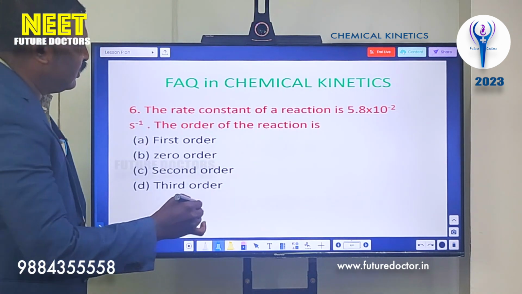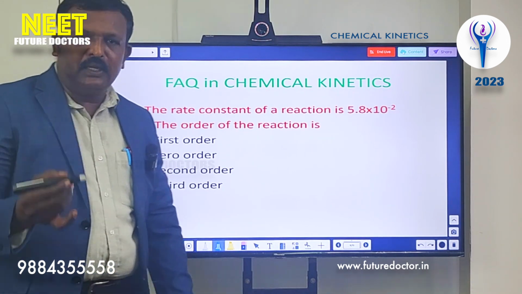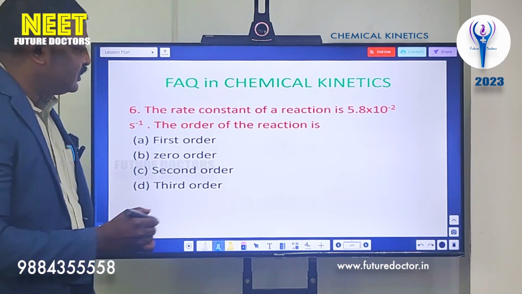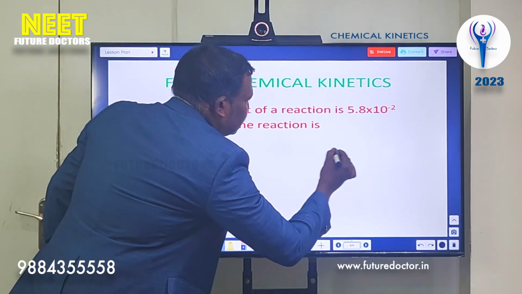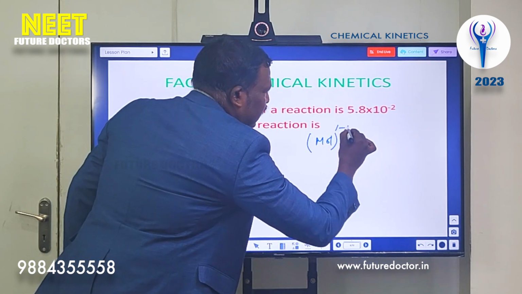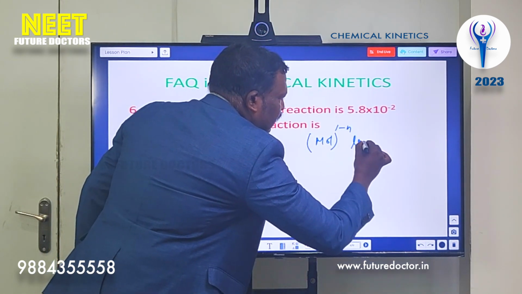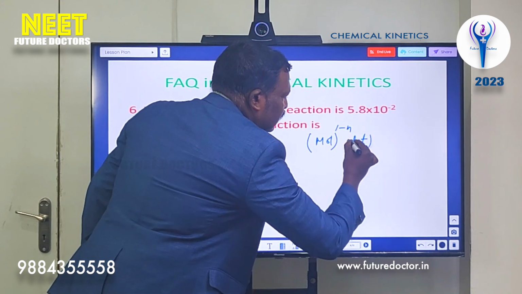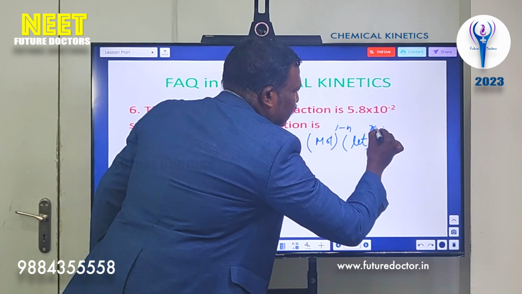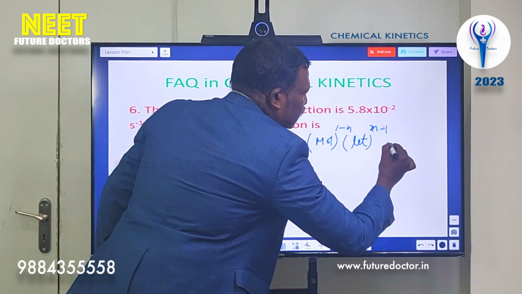Generally, we have one formula to find out the units of rate constant. Understood? What's the general formula? It's mole to the power 1 minus n, liter to the power n minus 1, per second.